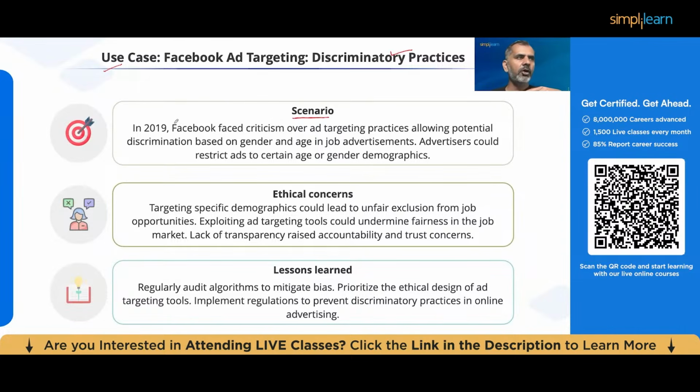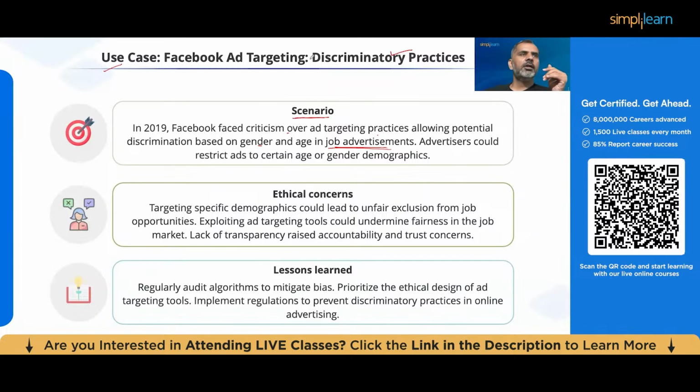Let's suppose we listed 2019, when Facebook faced criticism over targeting practices allowing potential discrimination based on gender and age for job advertisements. And this can actually be possible. You can filter and say that if I'm displaying an advertisement, that advertisement should be visible for a particular gender and a particular age group.